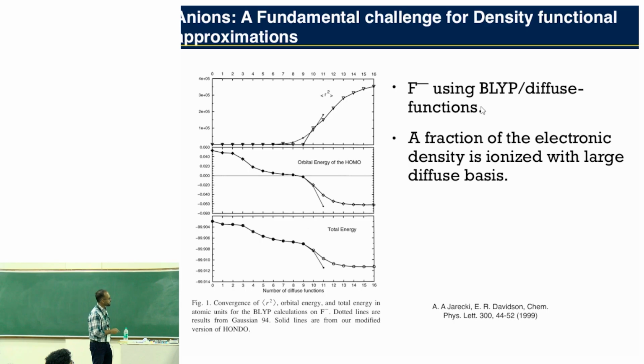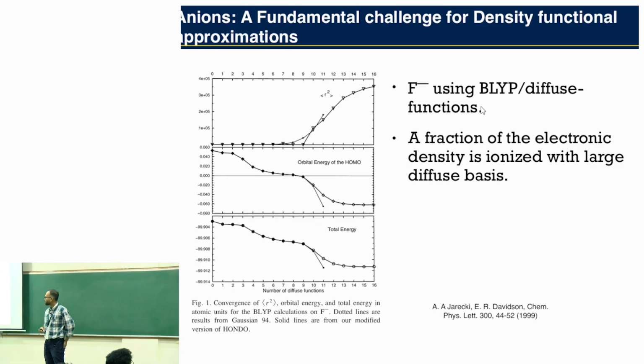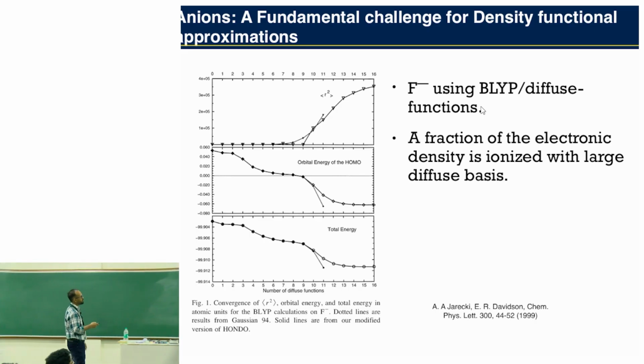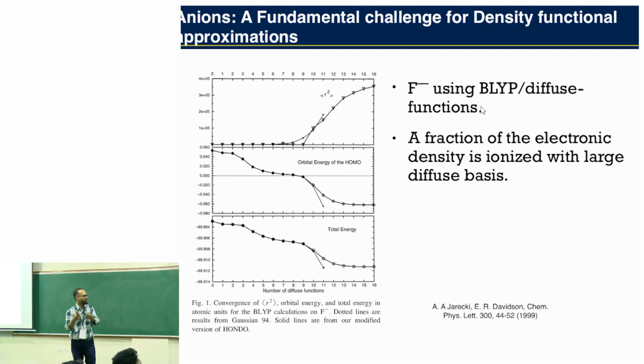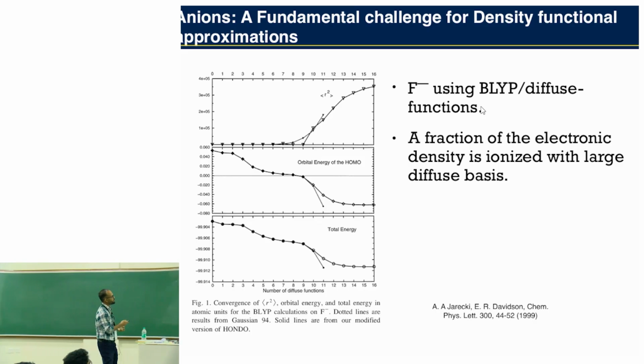If I keep adding diffuse functions to F minus and keep measuring R squared, the spatial extent of the electron that has been added, at some point the wave function keeps expanding. It really goes to infinity. So basically, pure DFT, something like a BLYP functional, doesn't want to bind an extra electron. It would rather ionize it. This is a major problem in density functional theory.